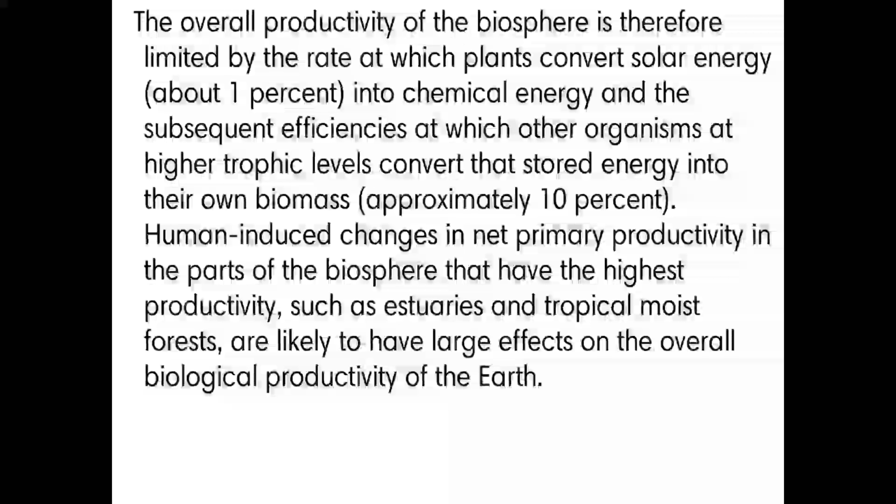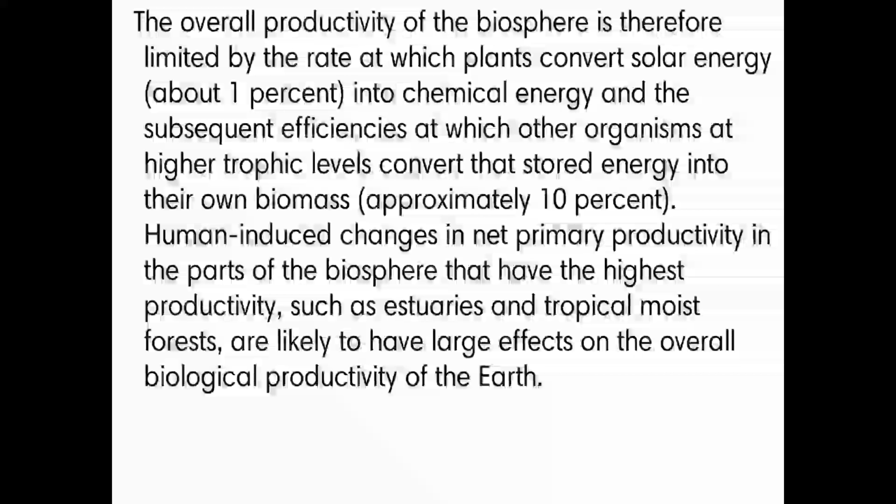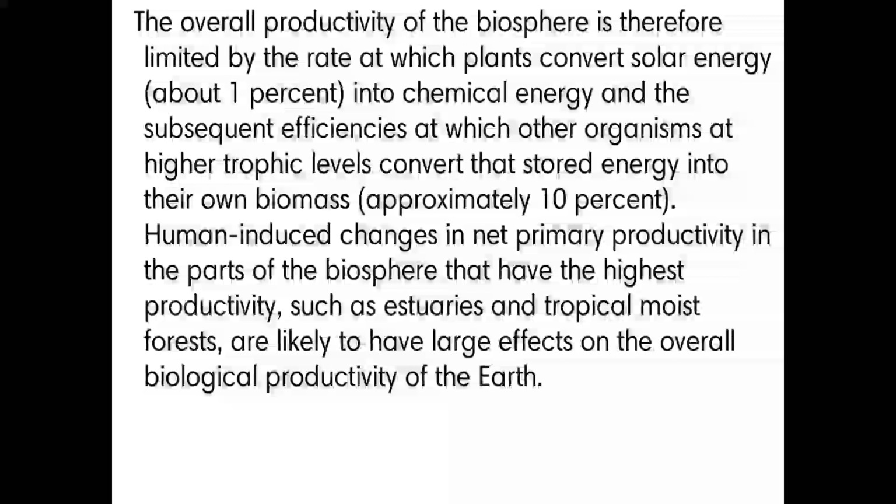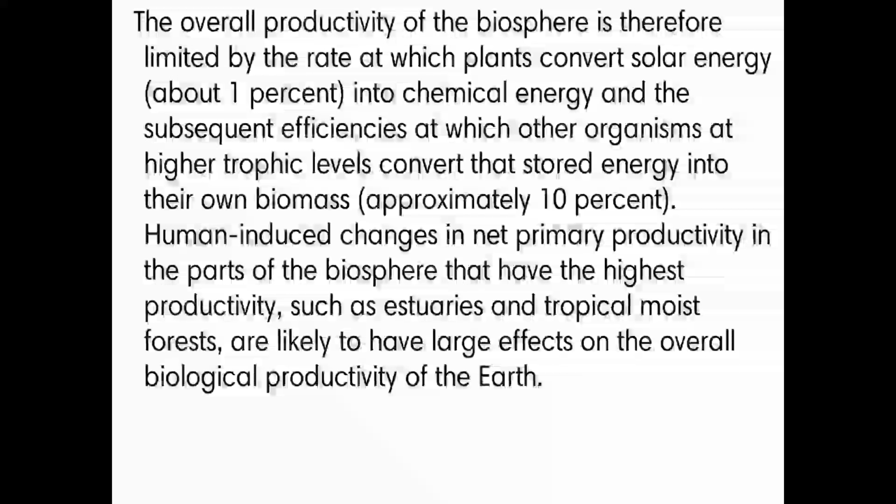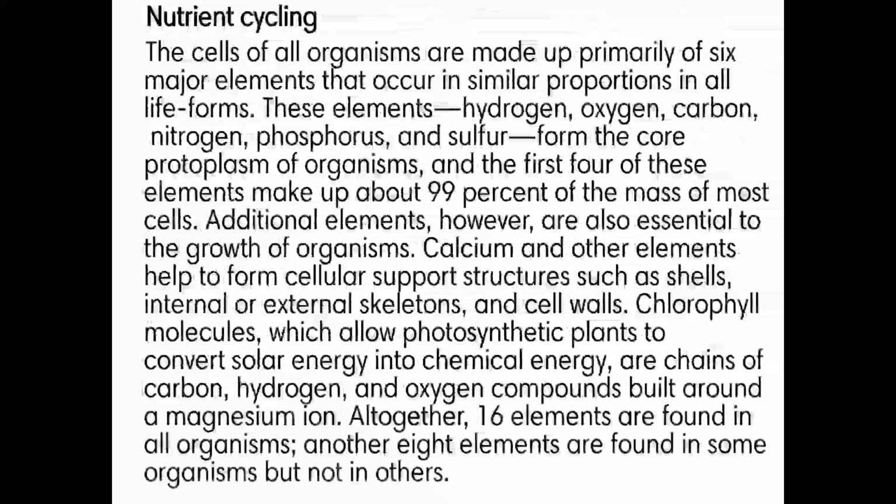Human-induced changes in net primary productivity in the parts of the biosphere that have the highest productivity, such as estuaries and tropical moist forests, are likely to have large effects on the overall biological productivity of the earth.